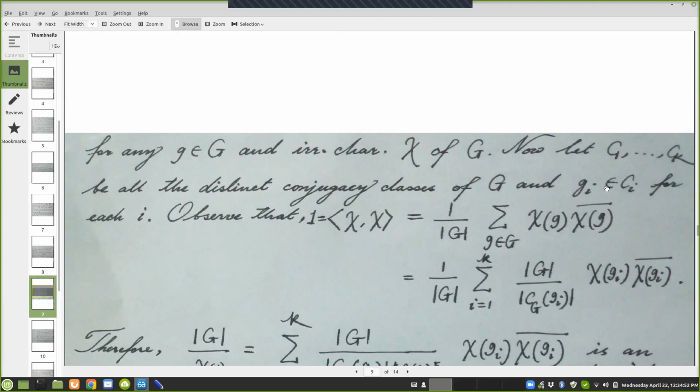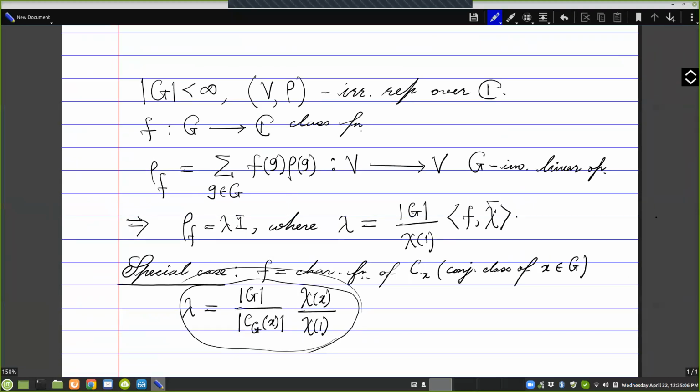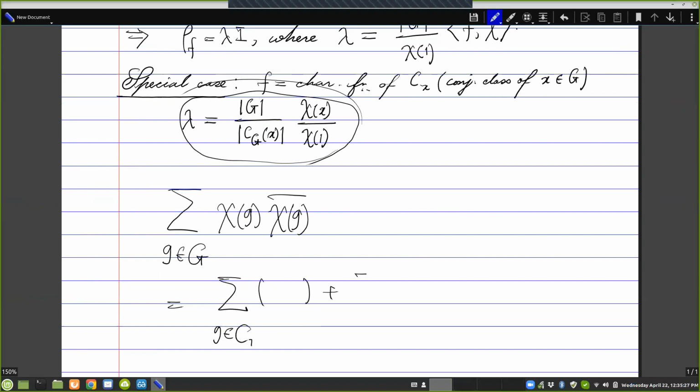Let me show you what I actually mean. So we have this sum over g in G. Okay, so we will break this sum in the following way: g in C1, g in C2, and so on.